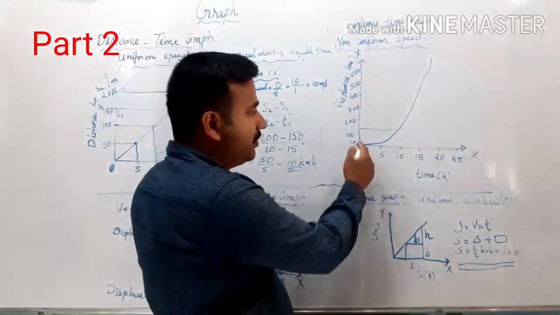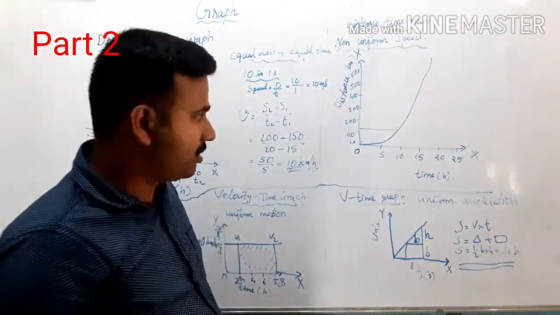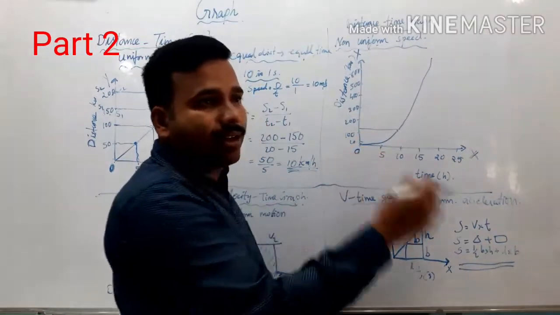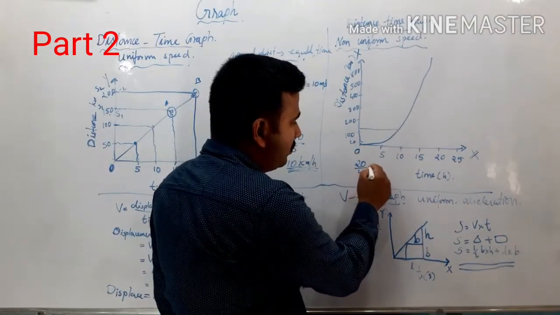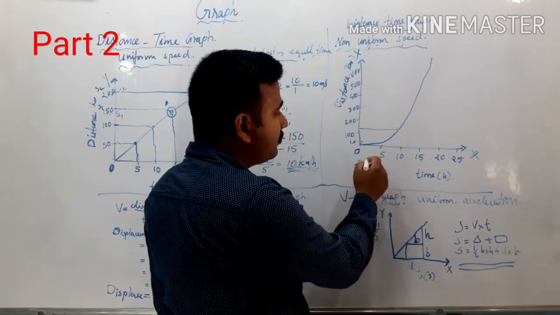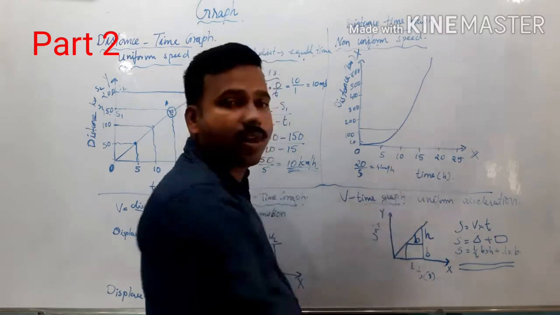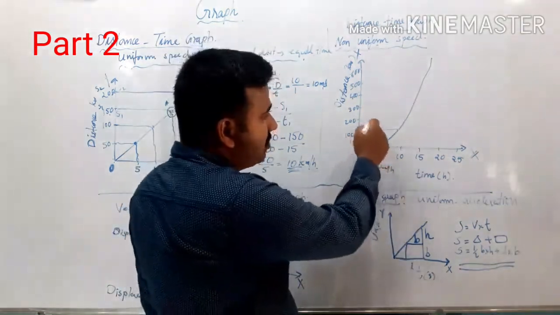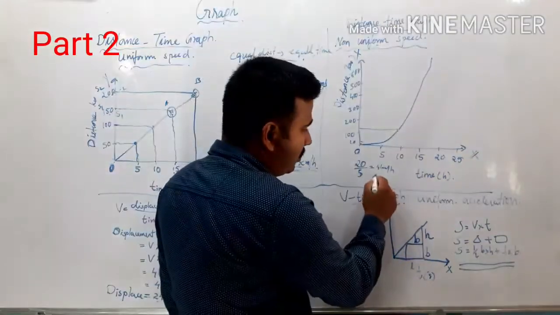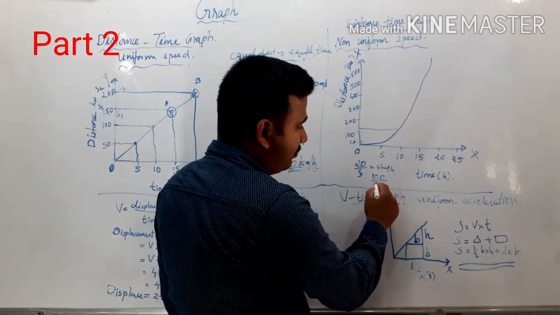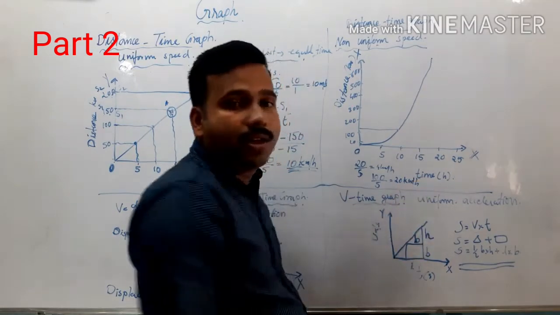So definitely you can see within the first 5 hours the object is covering only 20 kilometers. 20 divided by 5 will give 4 kilometers per hour. At the same time, you can see the next 5 hours it's covering 100 kilometers. See, 100 divided by 5, you get 20 kilometers per hour.